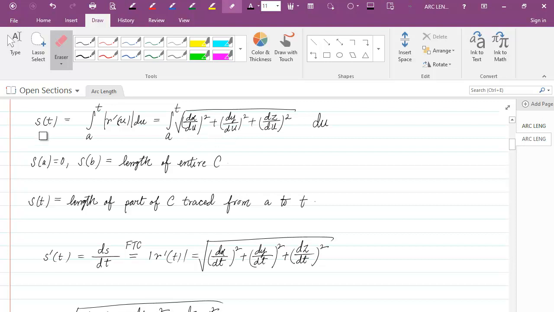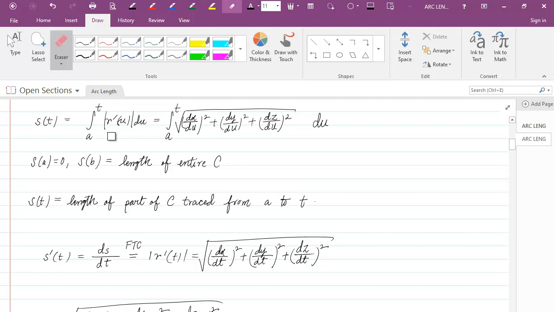Again, s of t is the arc length of the curve, the length of the curve over the interval from a to t. And now if I take the derivative of s with respect to t, then by the fundamental theorem of calculus, we know we are going to get the integrand evaluated at the upper limit t.